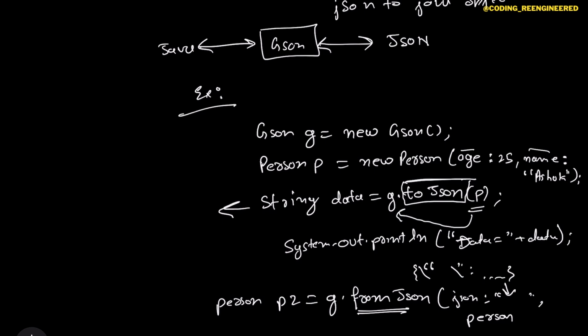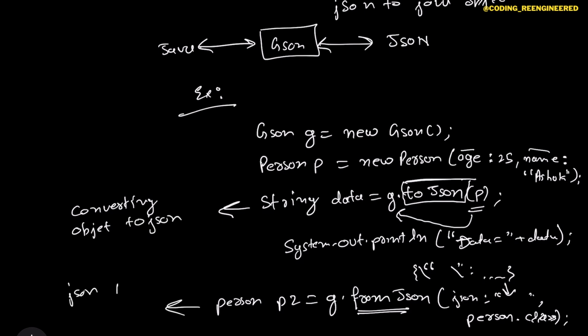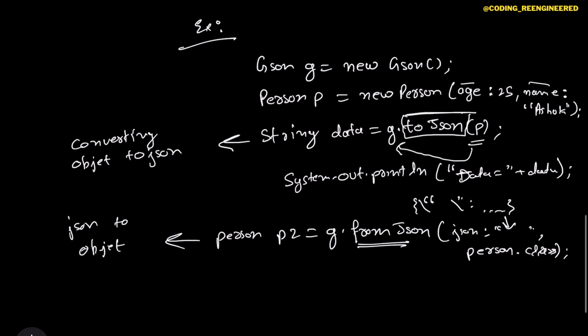Since we are storing it into the object of a Person class, we need to mention Person.class so that it understands this. So here you are converting object to JSON, and here you're converting JSON to object. A typical example of how this is happening.